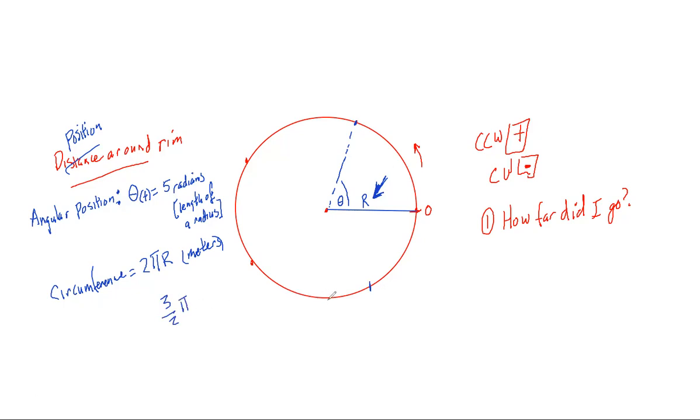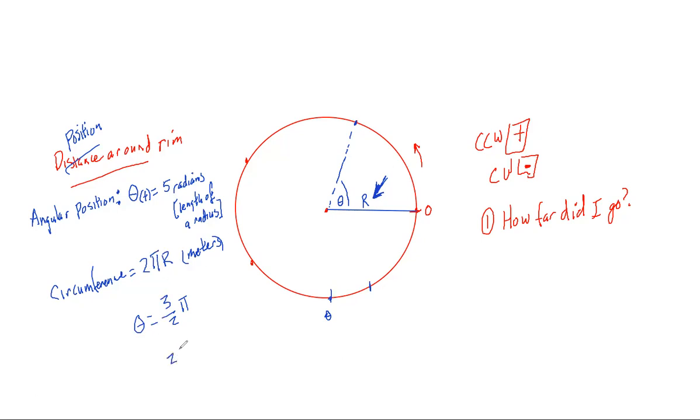If this is my angle, say theta equals 3/2 pi. Let's give that an example. If theta is 3/2 pi, then how far have I gone around? Well, I've gone 3/4 of the total circumference.